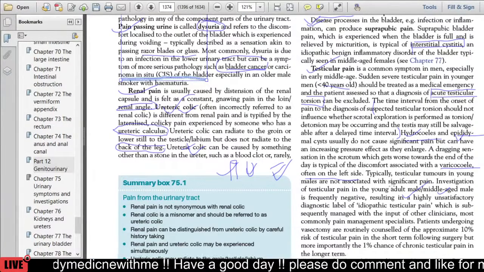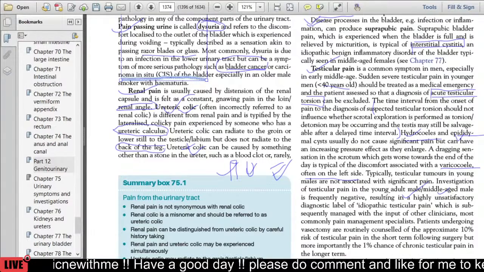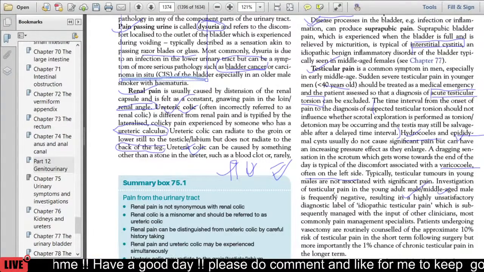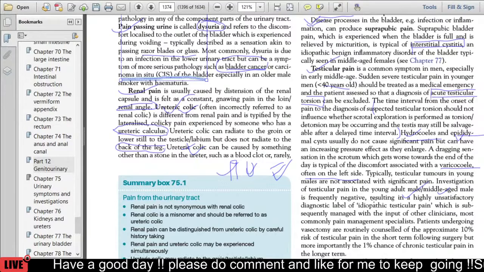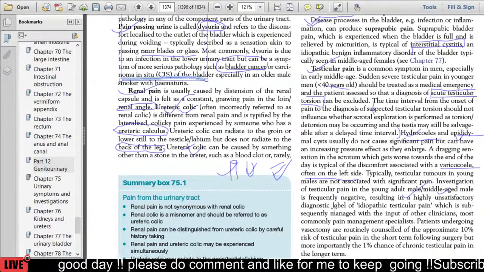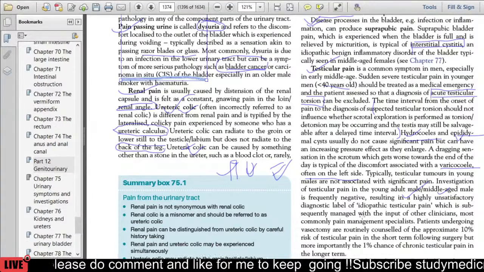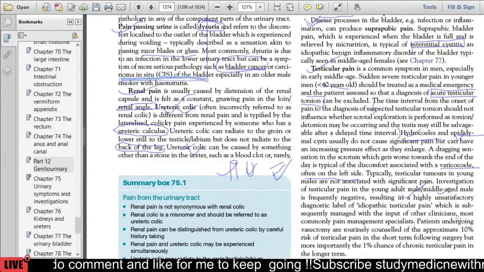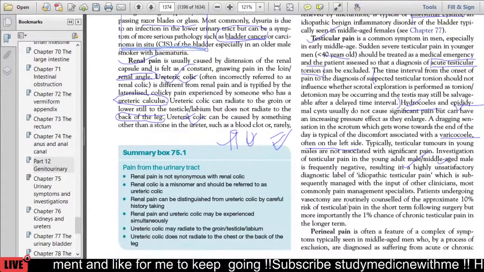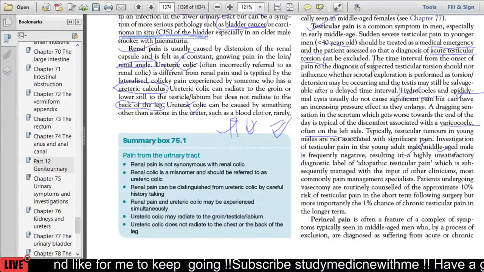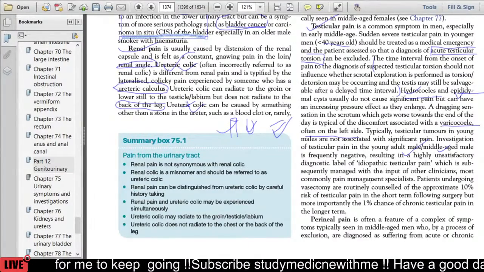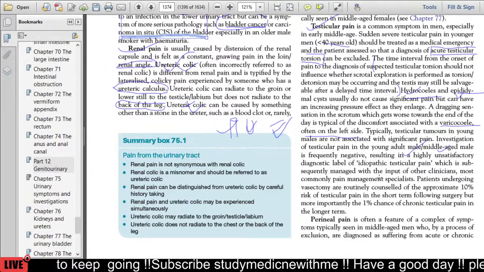Okay. Investigation of testicular pain in the young adult male or middle-aged male is frequently negative, resulting in a highly unsatisfactory diagnostic label of idiopathic testicular pain, which is subsequently managed with the input of other clinicians, most commonly pain management specialists. So the surgeon does not have any role in that case.